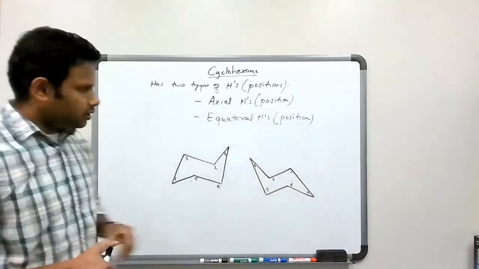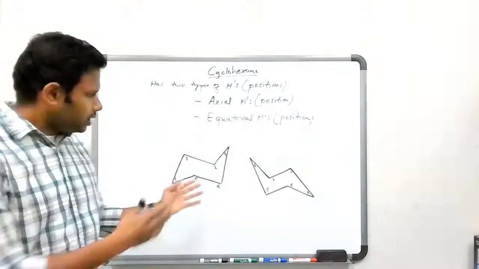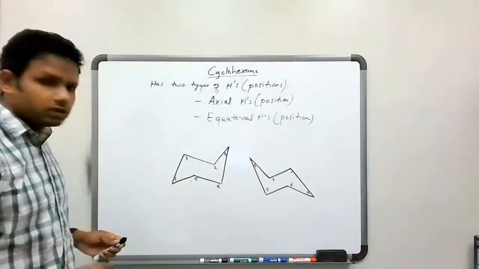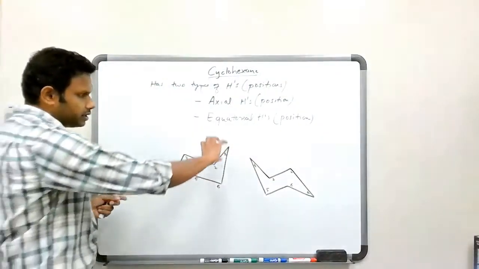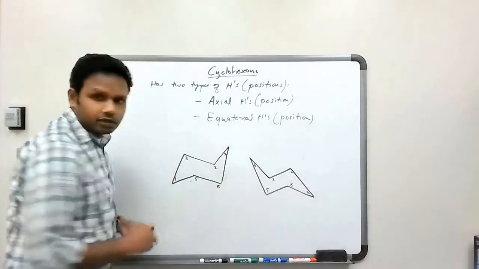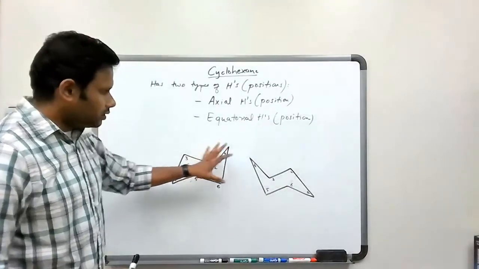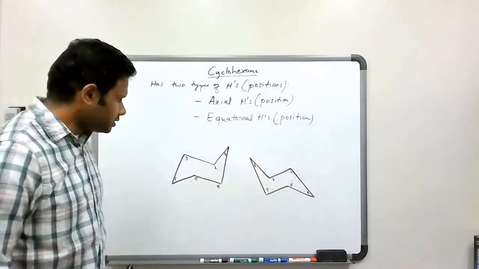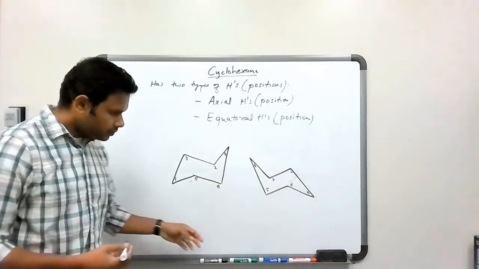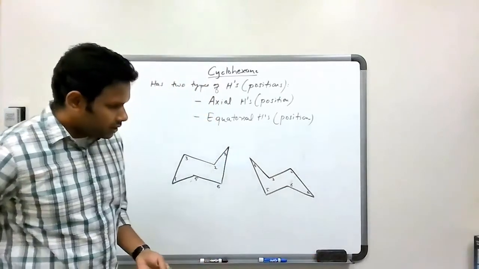So now carbon number 1 is the footrest and carbon number 4 is the headrest. So I'm drawing both conformations of the cyclohexane. Essentially, I pulled this down and I pulled it up, and that is what I would get. Now, once we have the skeleton of the cyclohexane, we can add the hydrogens.